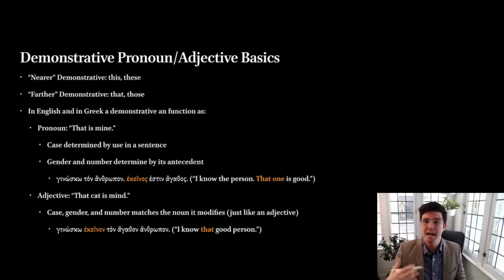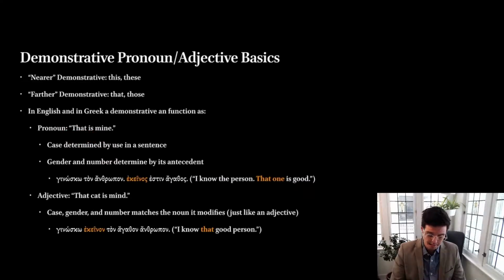So English and Greek can both use a demonstrative either as a pronoun or as an adjective modifying another noun or describing another noun. So here, this first part, I give you the pronoun use of the demonstrative in English and in Greek. That is mine. So that is the pronoun. It's the noun itself. It's the object of the verb here.